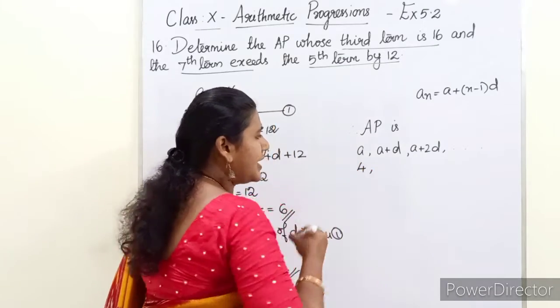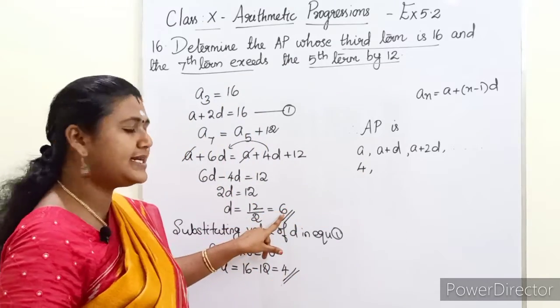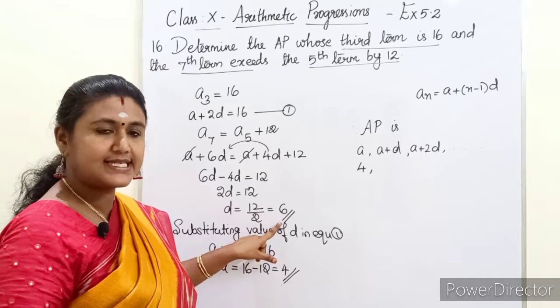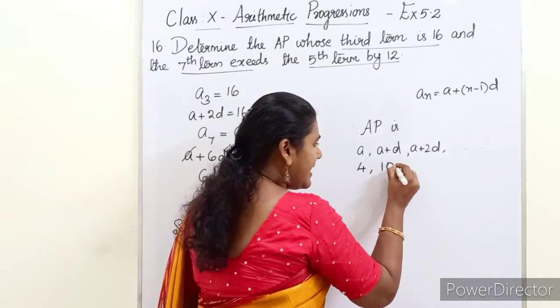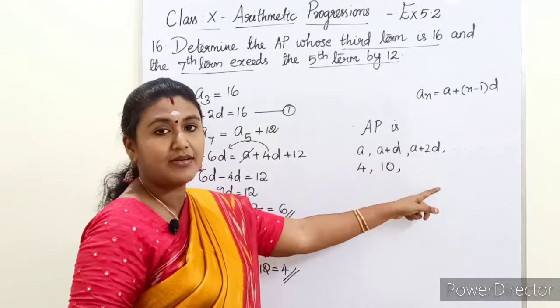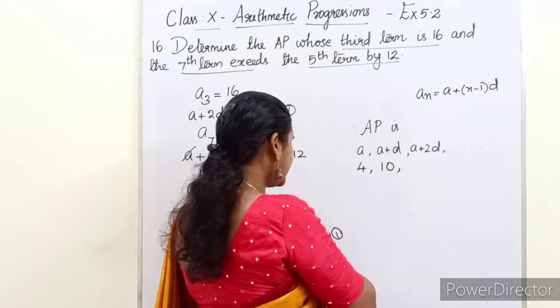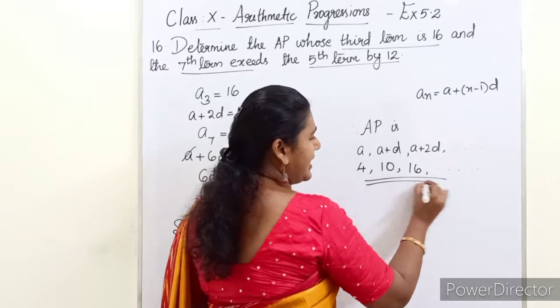So 4, comma, and you know how to find the next term, by adding D. Here the common difference is 6, so we add 6 to A, that is 10. Again we add the common difference to the second term to find the third term: 10 plus 6 is equal to 16, like that. So this is the AP.